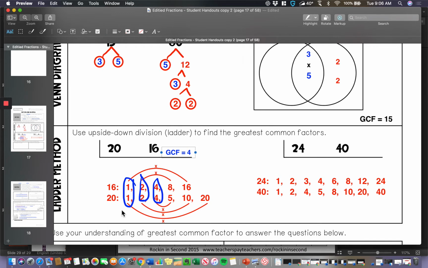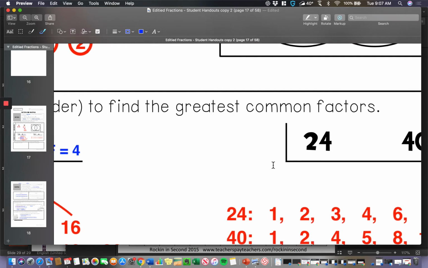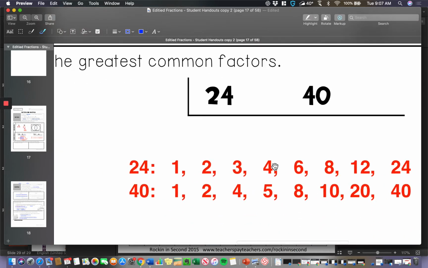All right. I didn't draw my little half circles for the multiplication here because there are a lot of numbers and I probably wouldn't have room on this worksheet. But I did make the list, and I can start going through and circling factors that are common between 24 and 40.